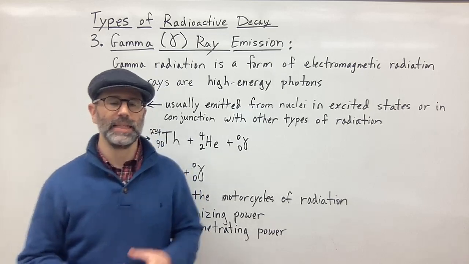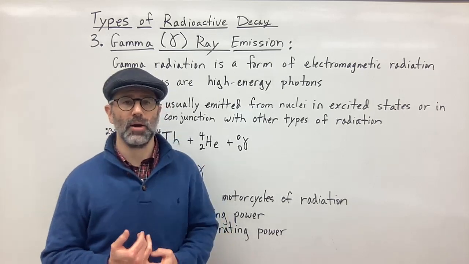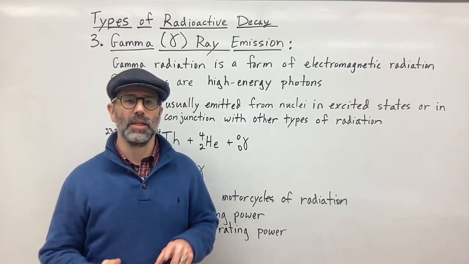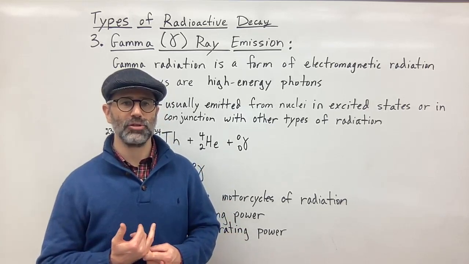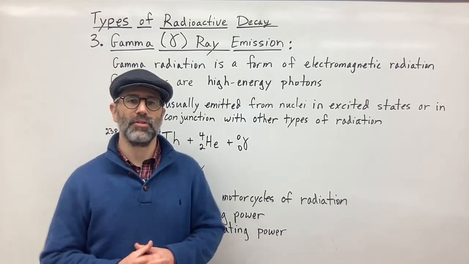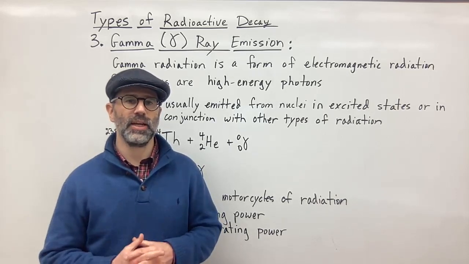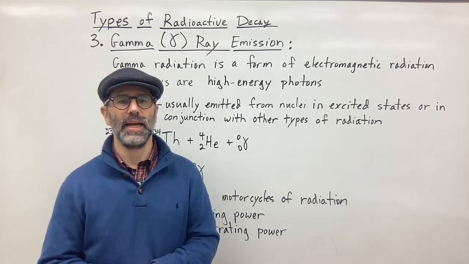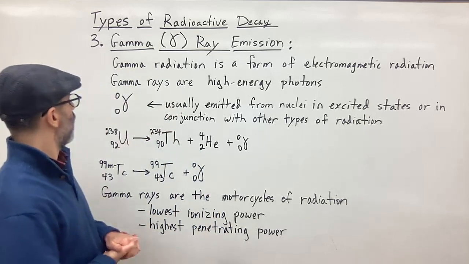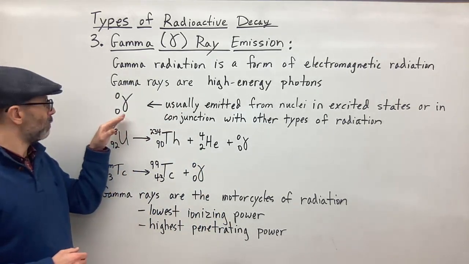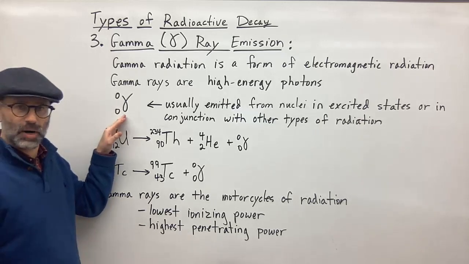In this case, it's a bit different from the alpha decay and the beta decay, because alpha decay and beta decay actually release particles from the nucleus that have mass. In this case, you're releasing not a particle, but high energy photons that don't have any mass. So this is the symbol for our gamma radiation, our gamma particle, if we want to think of it as a particle.